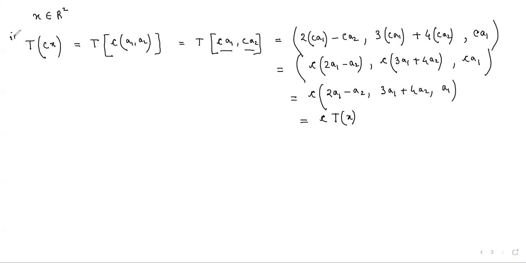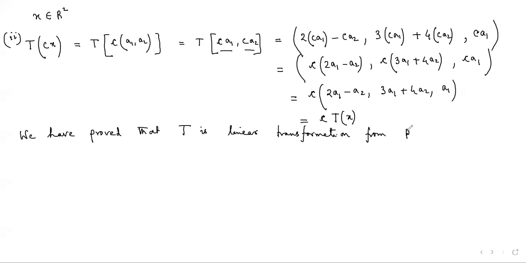So from number 2 and number 1, we have proved that T is a linear transformation from R2 to R3.